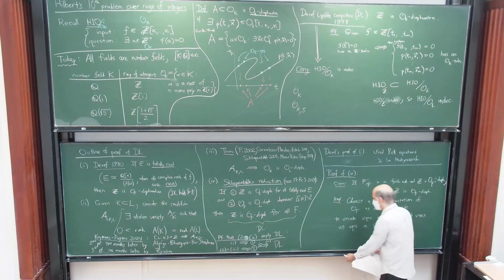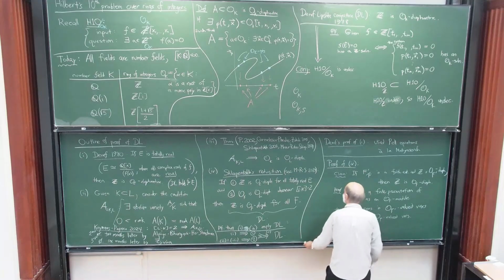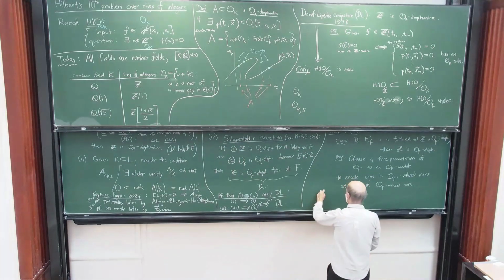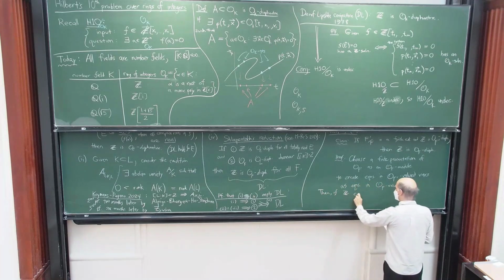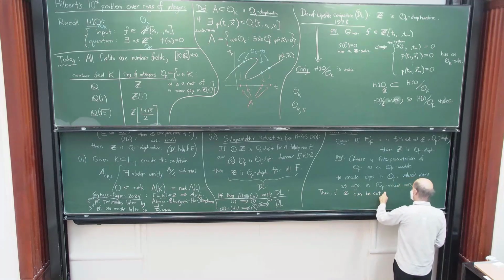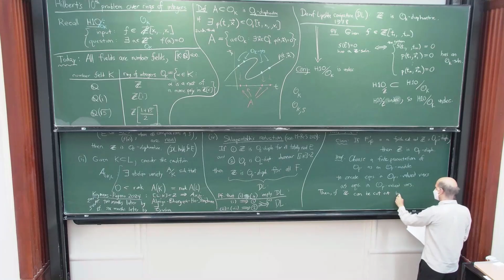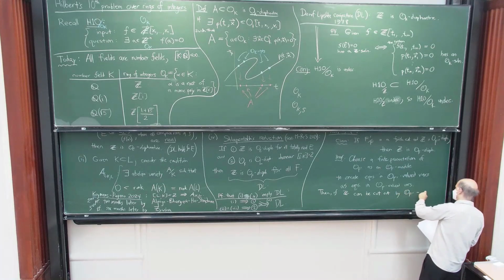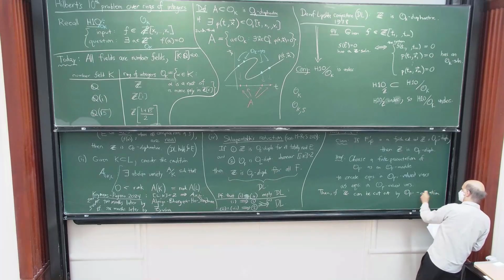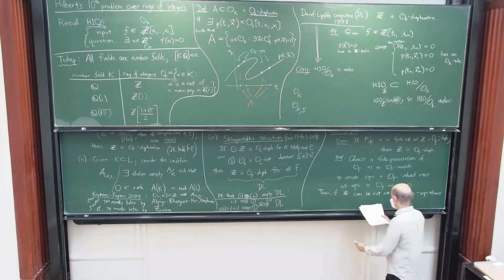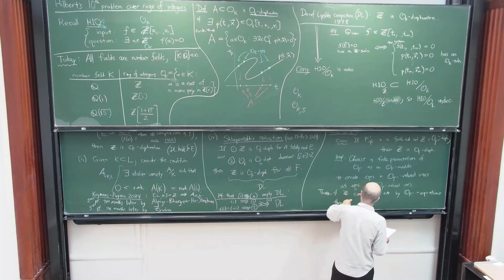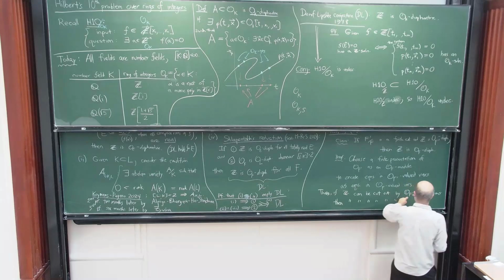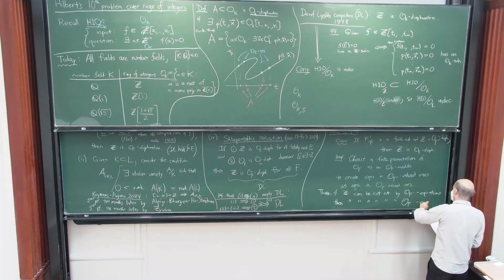Okay, so in particular, once you've done that, if Z can be cut out by equations over O_F', in other words, if Z is Diophantine over O_F', then it can also be cut out by O_F equations.